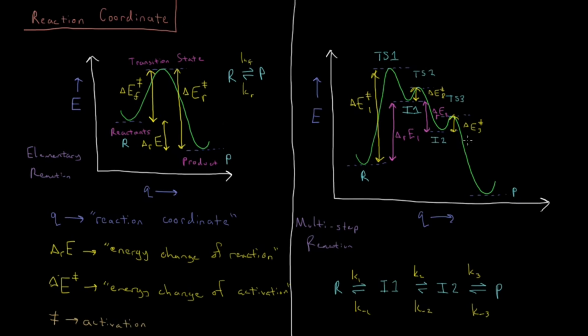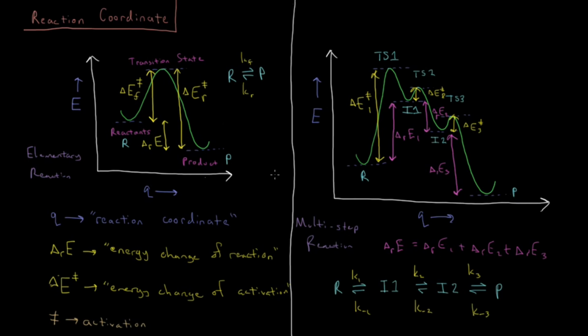And then finally, going from intermediate 2 to the product, delta RE3. And our total net delta E of reaction, we know is just the sum of those three: delta RE1, delta RE2, plus delta RE3.